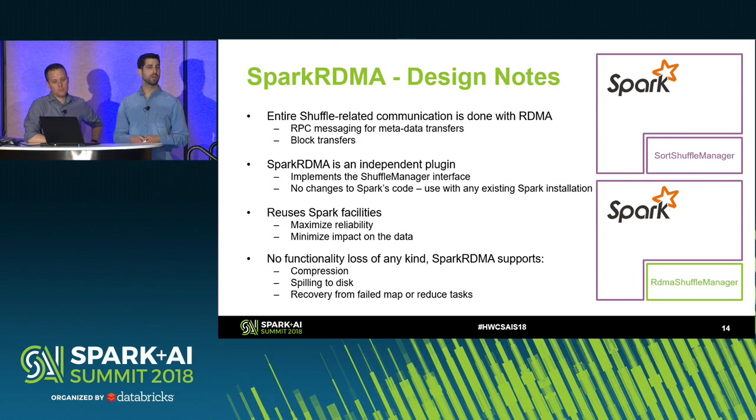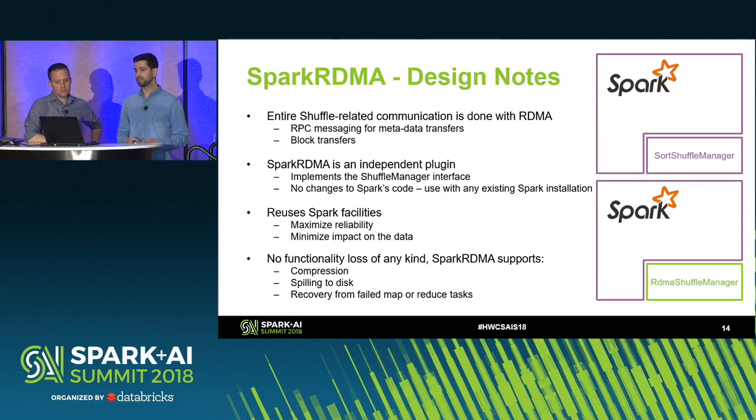It doesn't require any changes to the Spark code, so you can basically use it with whatever existing version of Spark you might have. We support any version 2.0 and up. And you can see on the diagram on the side, this is basically an existing Spark version where we just replace the specific component for the Shuffle Manager.